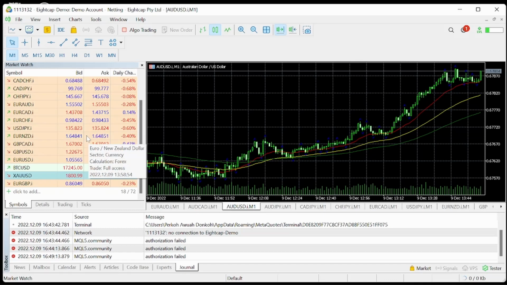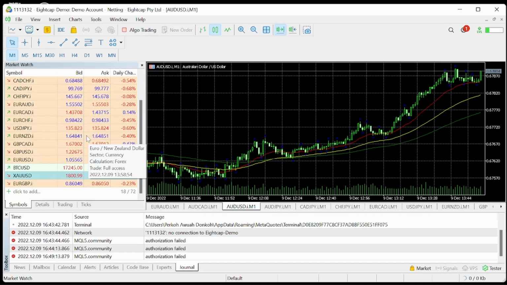Like we established earlier, the bid price is the price at which you can sell the base currency, and the ask price is the price at which you can buy the base currency. Also keep in mind that whenever you see a currency pair, the first one is the base currency, the second one is the quote, and prices are always expressed in the quote currency.